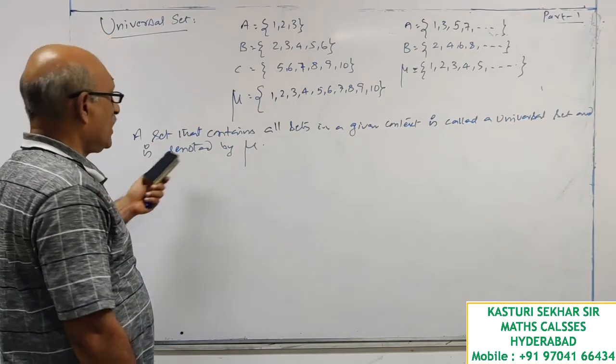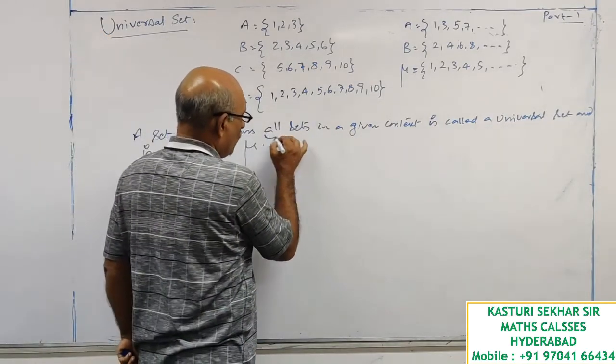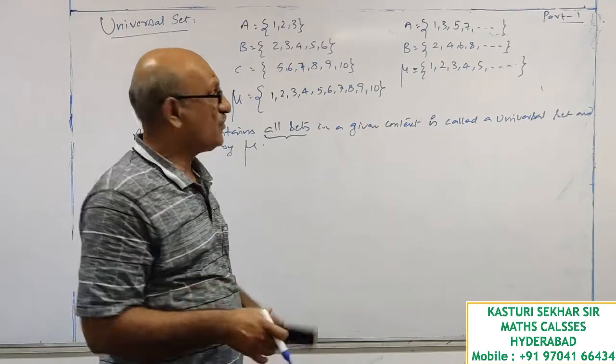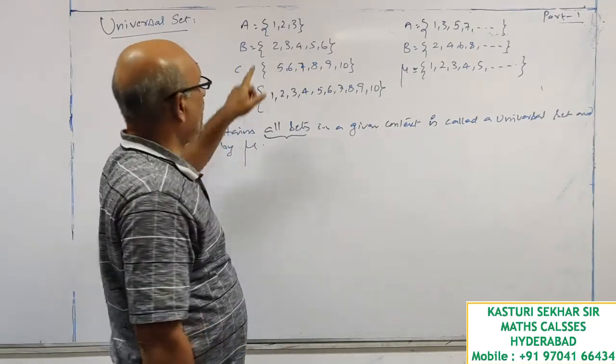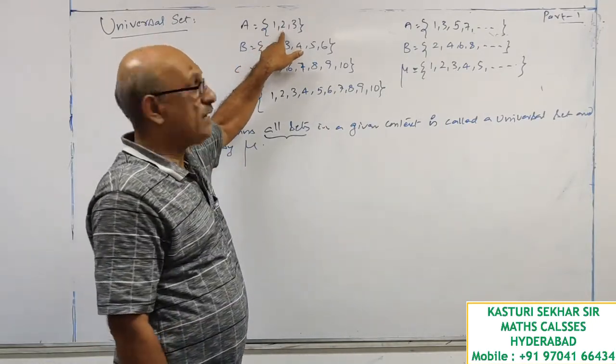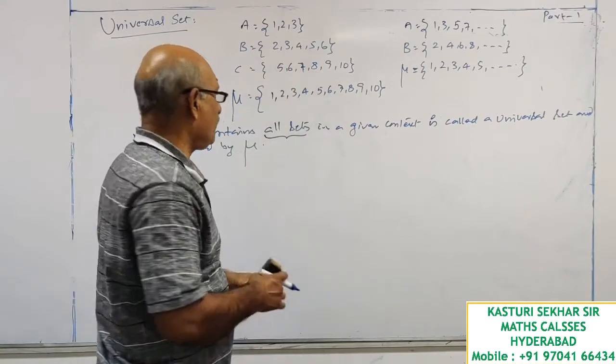Okay, sir. Look at this. Don't get any confusion here. What is written: all sets? In the sense, the universal set is having the elements of set A, elements of set B, and so on.